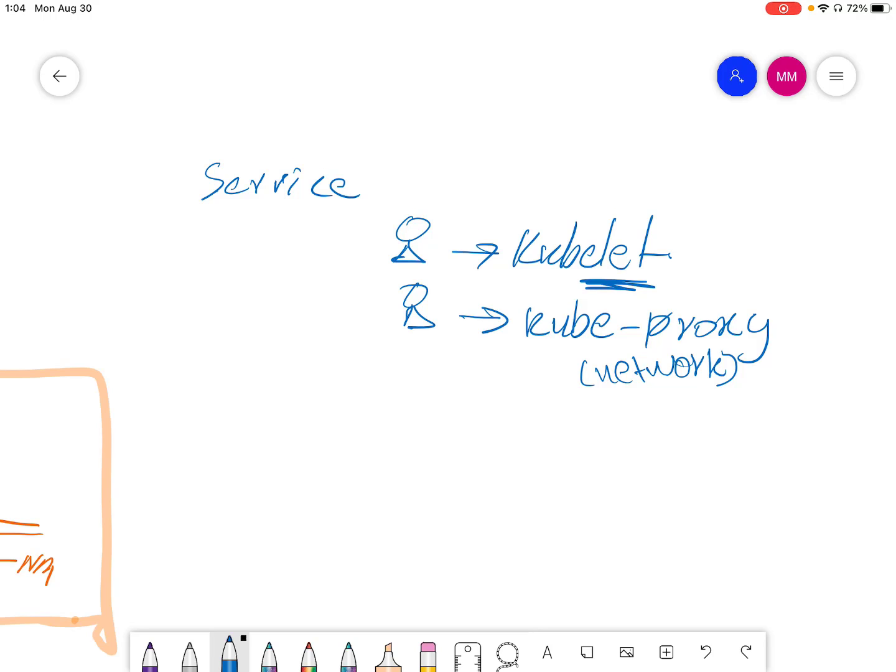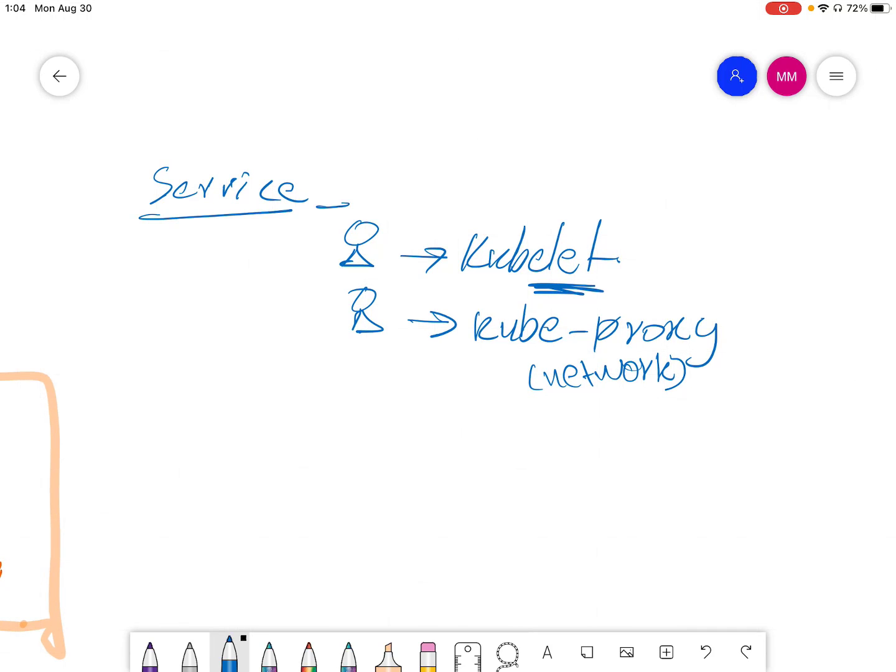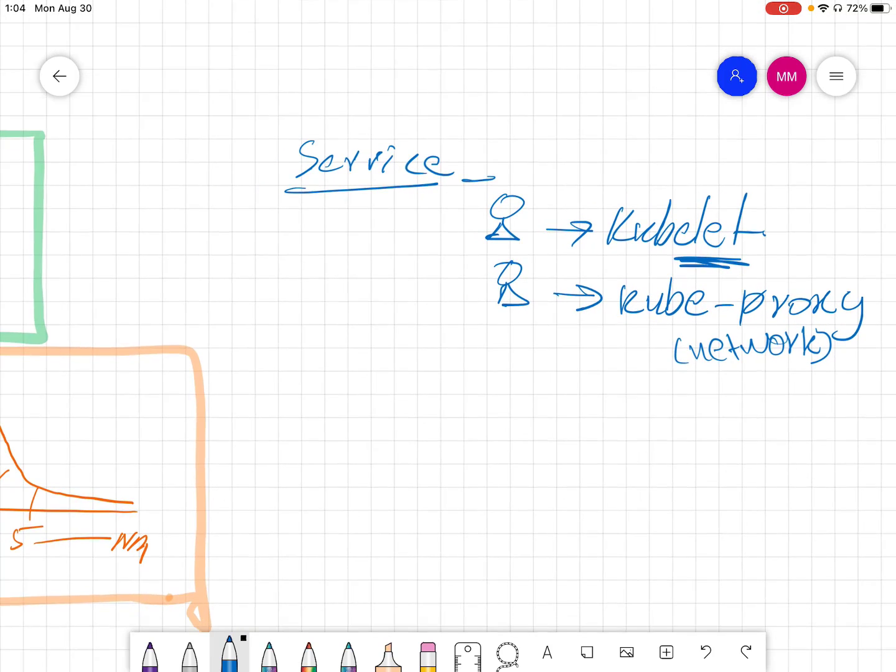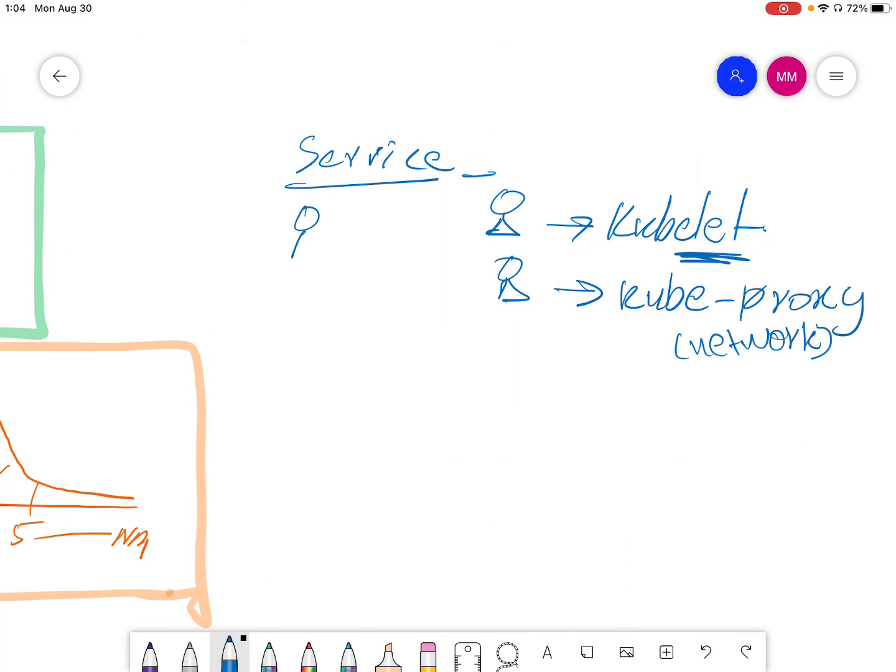But there is the third thing that we are now talking about, which is this service. Let's say we employ a special kind of service. This is the third thing, and the job of the service is to help us route our communications.